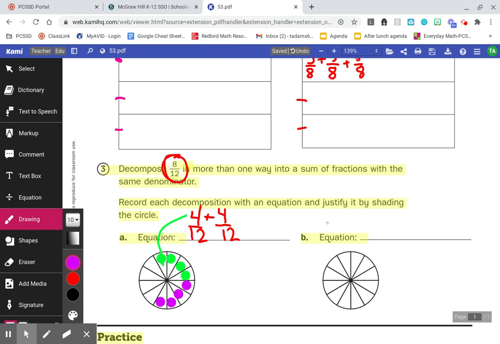So I want you to show me, record this example, write it on your assignment, and show me another way that we can decompose 8/12. Remember, your denominator is the same. If you want, you can write your denominator first.